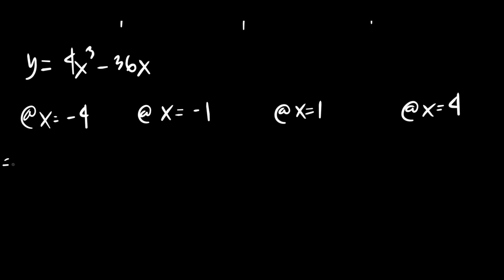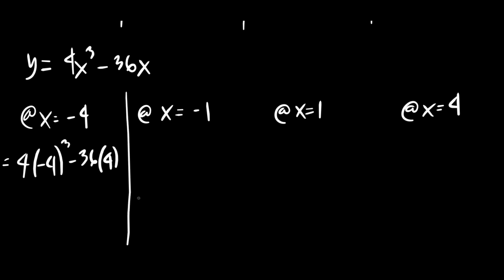So we'll have 4 multiplied by negative 4 cubed minus 36 times negative 4. We'll have 4 multiplied by negative 1 cubed minus 36 times negative 1.